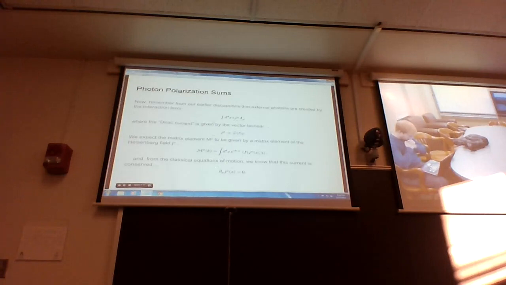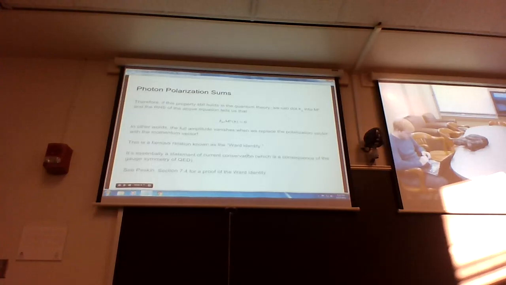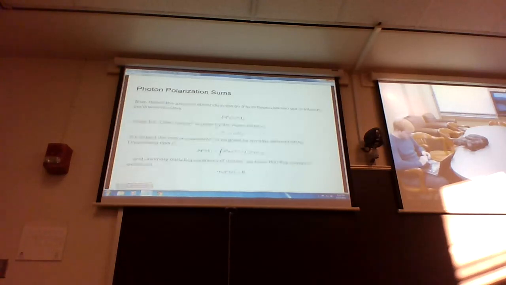And we also know that this current is conserved. In other words, the derivative of this thing is 0. So we can put these 2 pieces of information together. If we plug this in, taking the Fourier transform, this del mu is going to become a factor of the momentum mu.